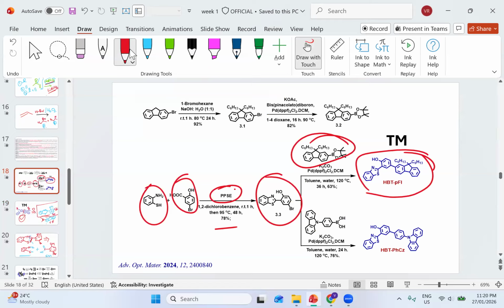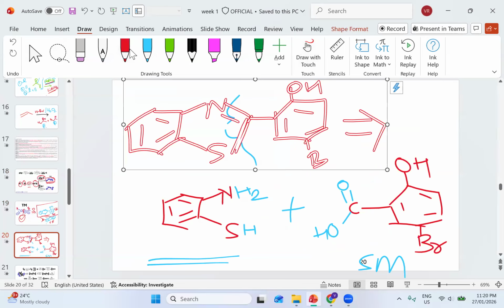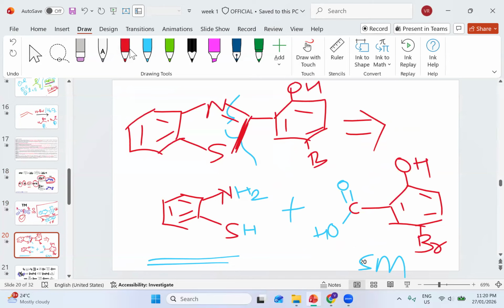So this is the linear synthesis for this target molecule, and we need to analyze the retrosynthesis that we did in the earlier slides. So we did the disconnection here, and further we did the disconnection of this HBT molecule as well. So like this.